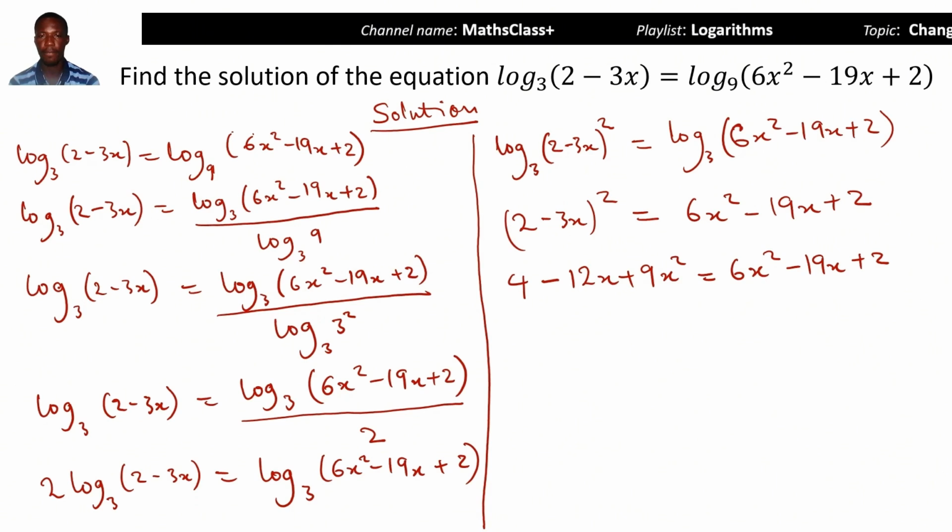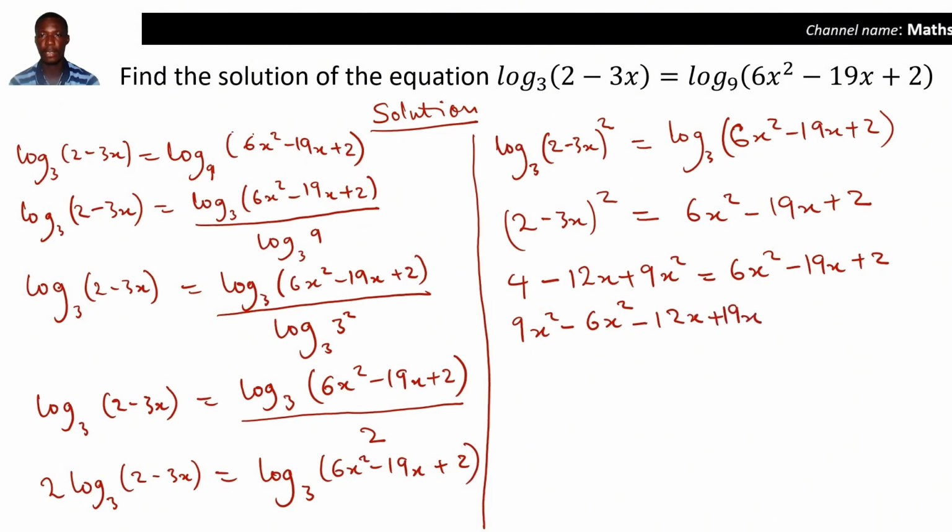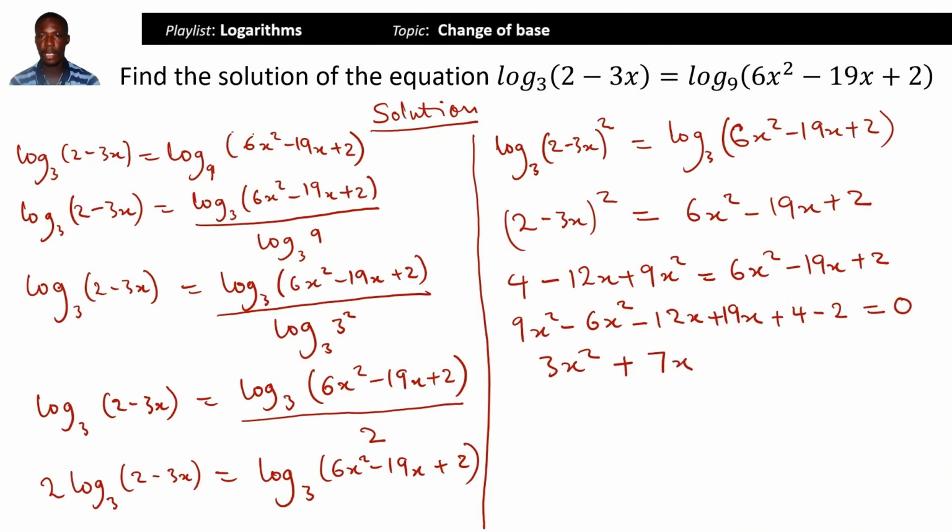So I have 9x squared minus 6x squared, minus 12x plus 19x, plus 4 minus 2, and this is equal to 0. Here I have 3x squared, and then here is going to be plus 7x plus 2 is equal to 0.